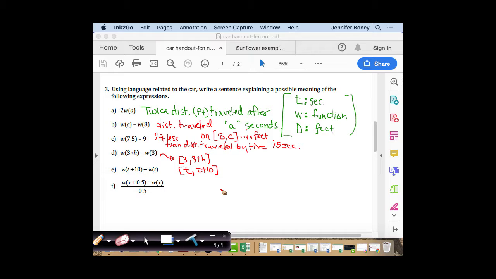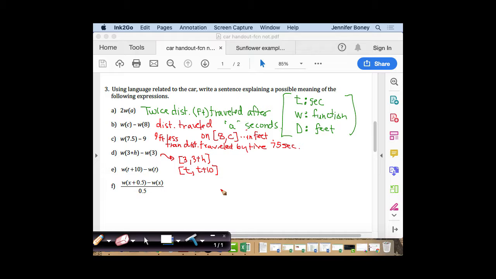So each had one real number and one placeholder, one parameter used to describe a part of the interval. One was to describe its length, essentially, and the other was to describe its starting point. So again, B, C, D, and E could all be distances traveled during a certain interval, although C doesn't mention the time, so it's harder to describe quite that way.